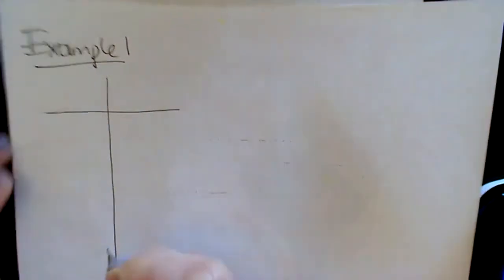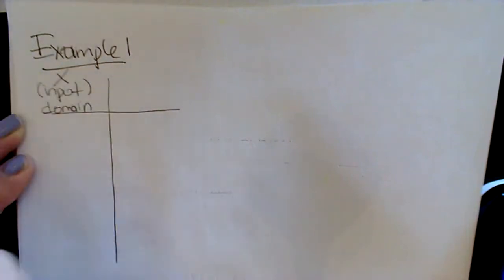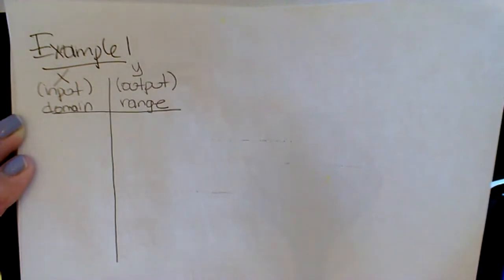So we have X is the input, the domain, and Y is the output, the range, okay?